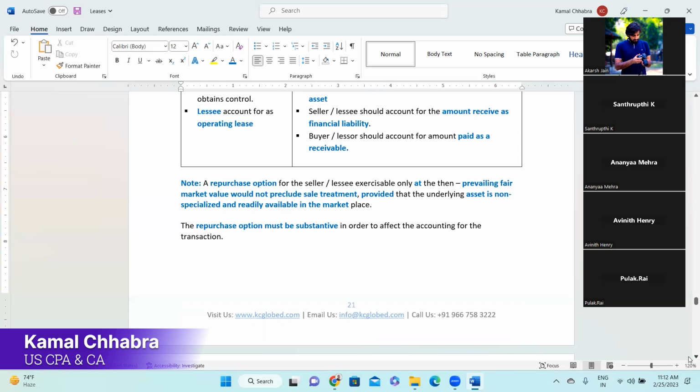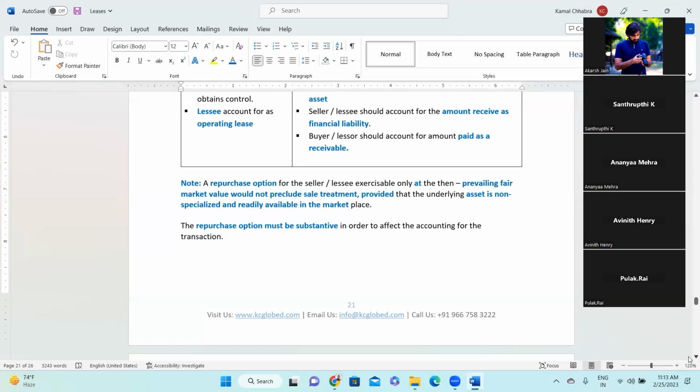If you are building an asset of a specialized nature for a specific company's usage, it will always be a finance lease. If it is not of a specialized nature, is readily available in the market, and the repurchase option is at fair market value, then you can consider it not a finance lease or not a sales type lease.